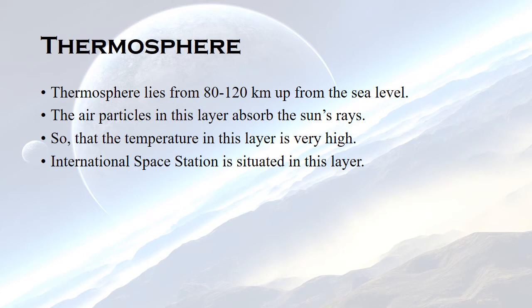And the air particles in this layer absorb the sun rays, so the temperature in this layer is very high compared to other layers. And another important thing to be discussed is that the International Space Station is situated in this layer.